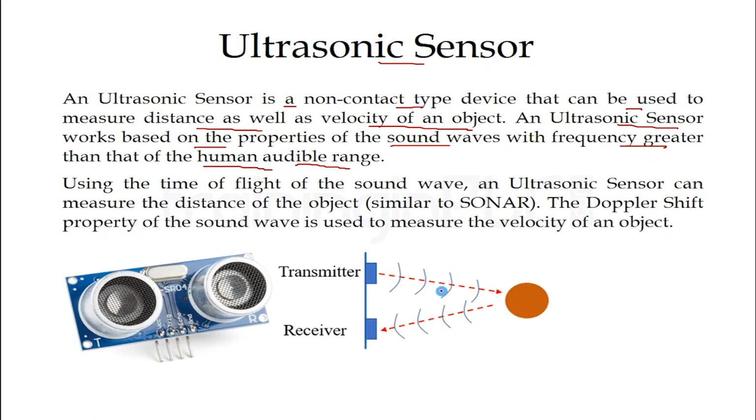Using the time of flight of the sound wave, an ultrasonic sensor can measure the distance of the object. The Doppler shift property of the sound waves is used to measure the velocity of the object.